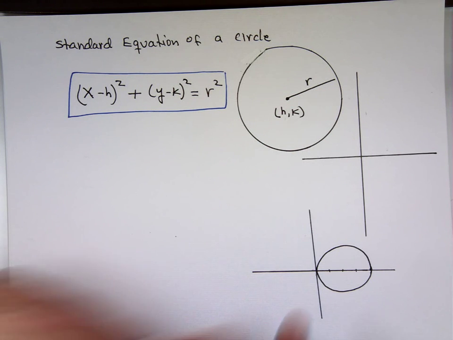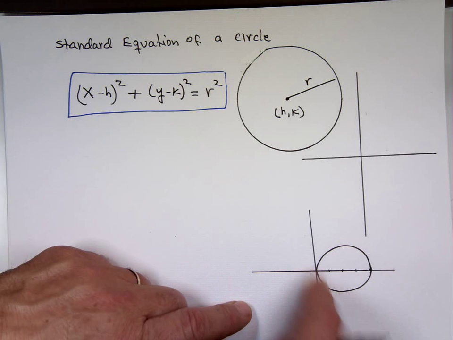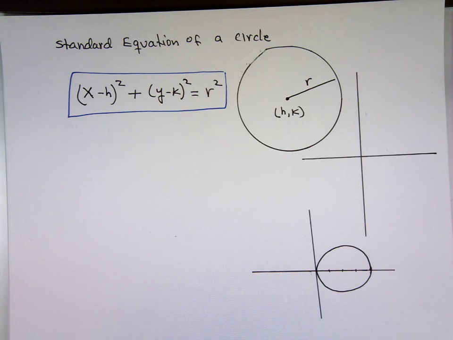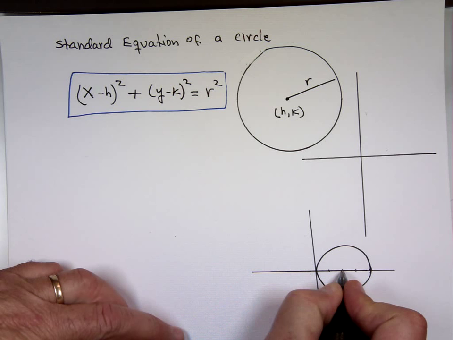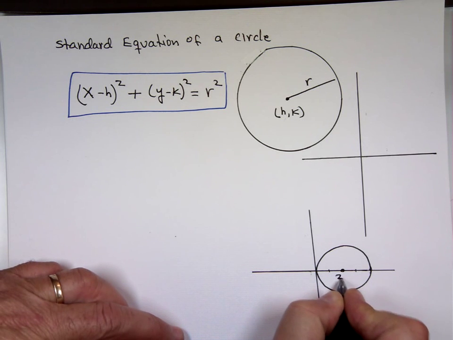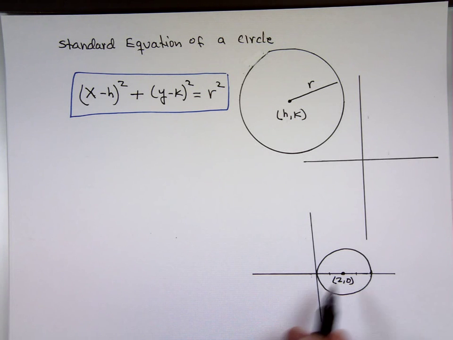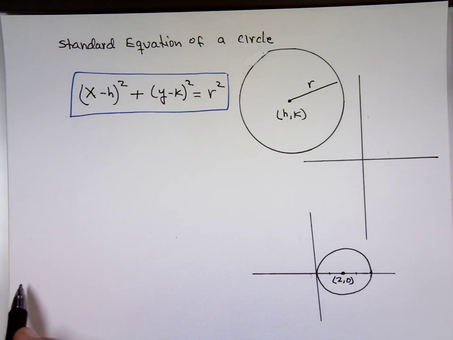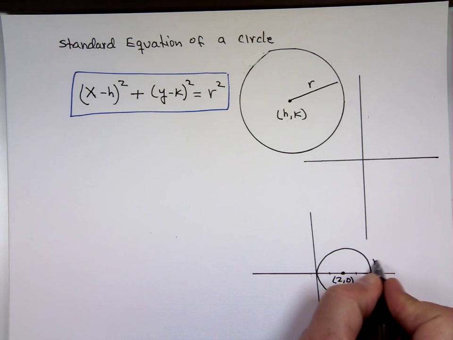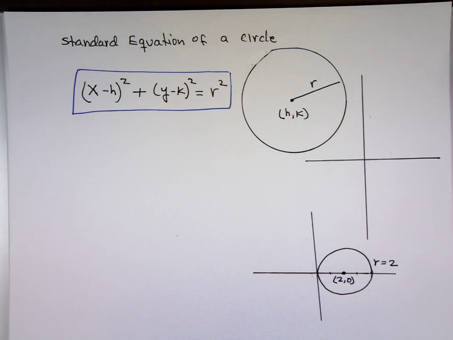And I'm looking for the equation that describes that circle. I need two things. I need to know where the center of the circle is and what the radius is. Where's my center? Right here, which is (2, 0). And what is the radius? What's the distance from here to here? 2. Looking at that picture, that's a 2.